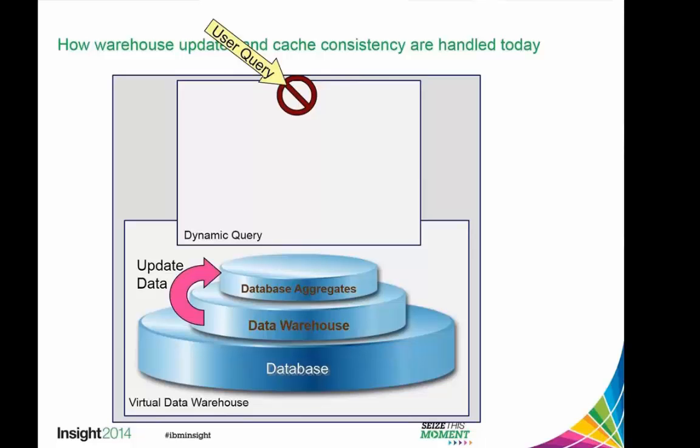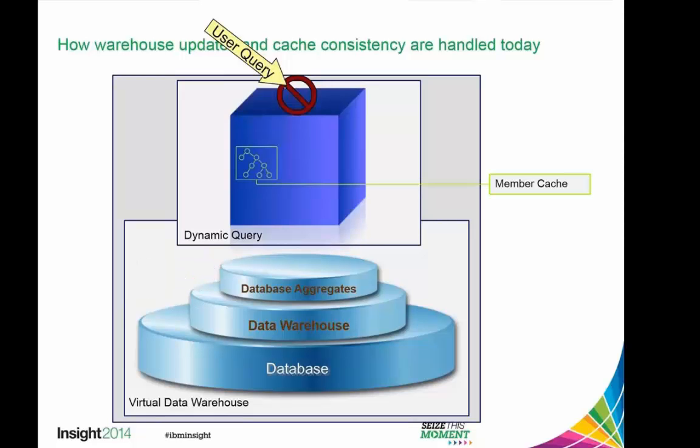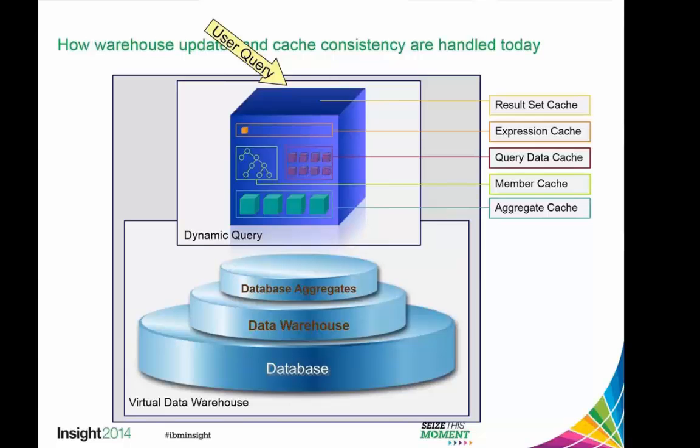And after that's done, aggregates or any summary tables that you might have in your database are then updated. And then once those steps are done in the underlying data warehouse, you can restart your cube, and restarting your cube loads the member cache. And once the member cache is loaded, the cube is started and up and running. Then it loads the aggregate cache, pulling the new data out from the underlying data source, and user queries can then come in. It proceeds as usual.